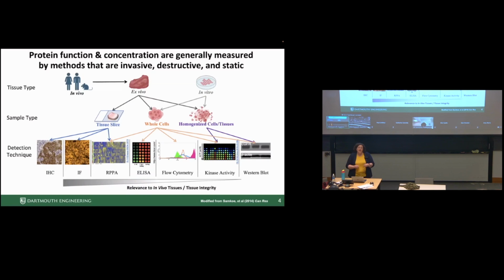They can also be quite heterogeneous, and so we're not really understanding the full spatial dynamics of protein expression and function. And so really what our lab works to do is to take these technologies and try to move them inside the human body so that we don't actually have to remove the tissue. And we can look at both structure and function over time.